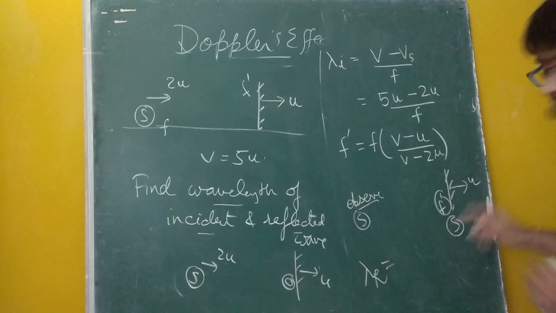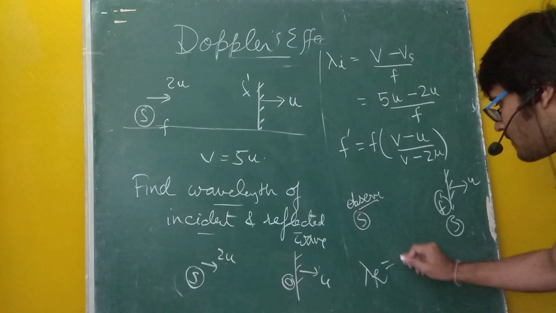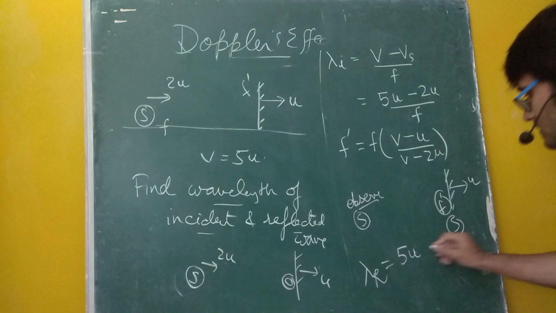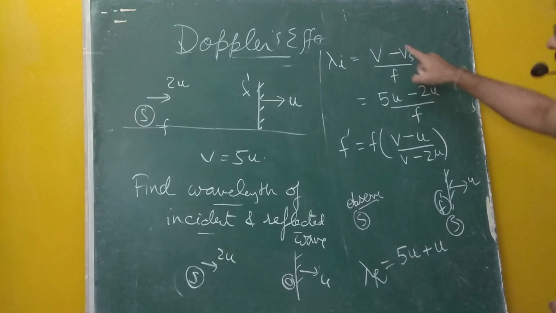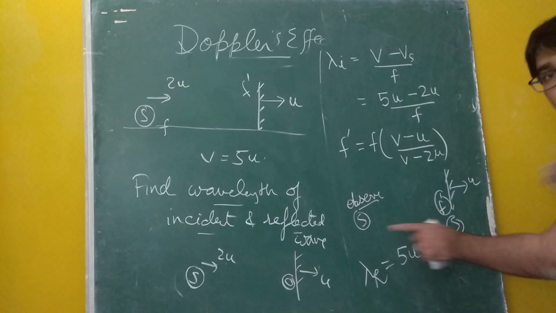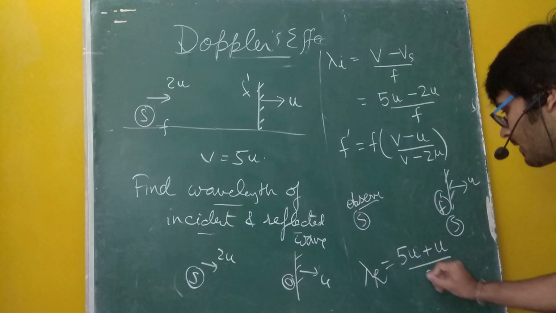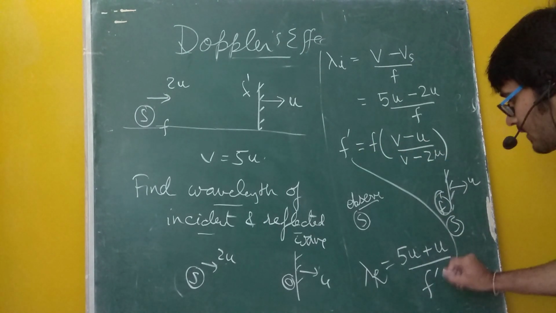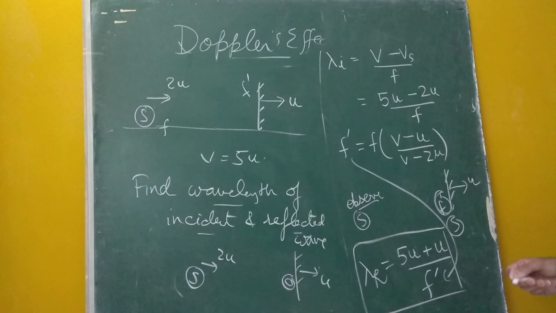Signal is moving left, source is moving right. So if it is moving away, we will take positive. So this will be V, V is 5u plus u, velocity of source. I am taking plus because signal and source are moving in opposite direction. Divide by f dash. This is the frequency emitted. So this f dash you can write it here, and you will get wavelength of the reflected wave.